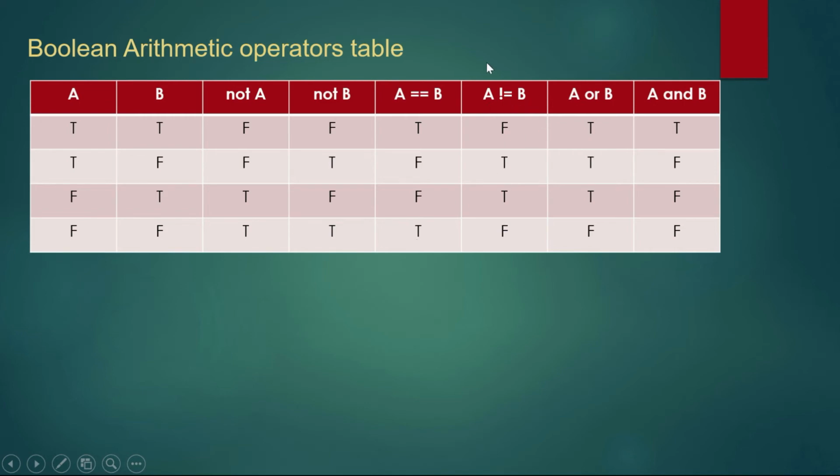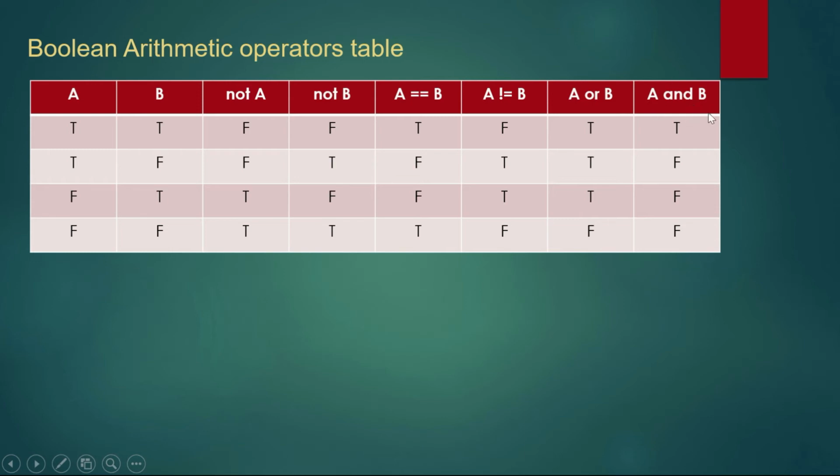And not equals is the opposite of equals equals. And the OR function is A or B. If anyone is True, it will be True. If both are False, it should be False.